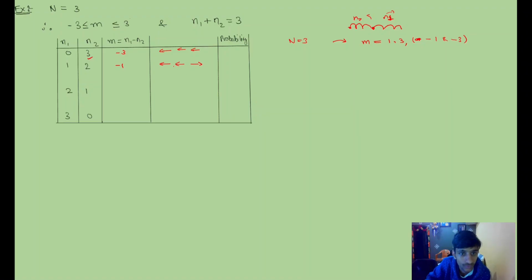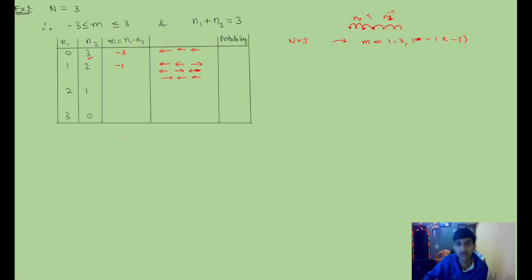Now this one could be in any order, I can say. All these correspond to the net displacement minus 1. These are all the possibilities with which he can reach a net displacement of minus 1.